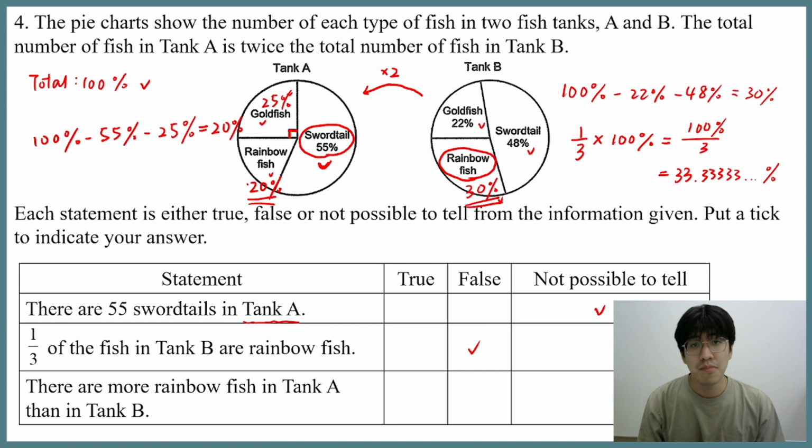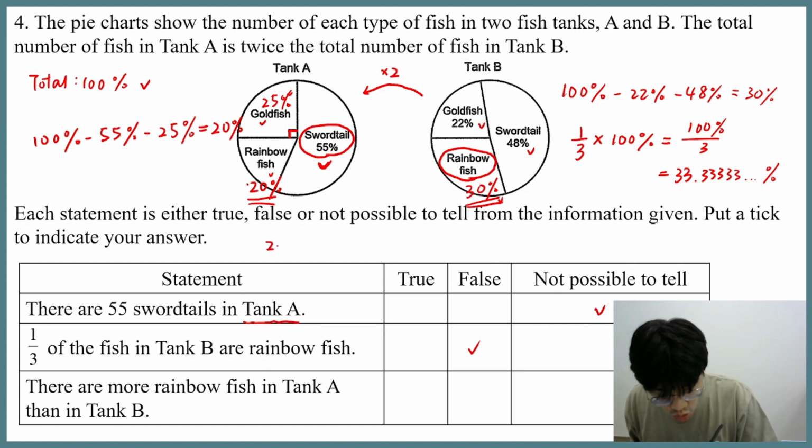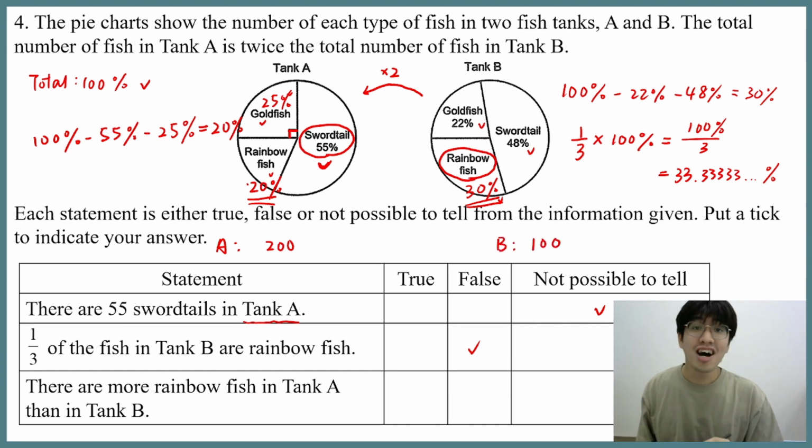So in order to work out the exact number of tank A and tank B, then we have to make some assumption. Now, without loss of generality, I can assume that in tank A, I have 200 fish. So therefore, tank B, I would have 100 fish. So that it is twice of B. Okay?